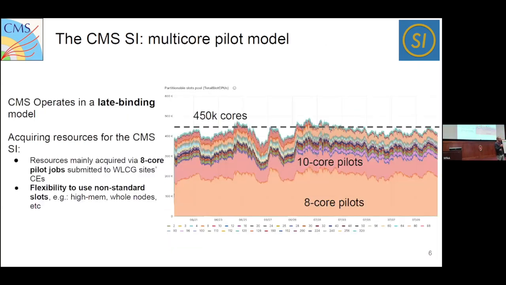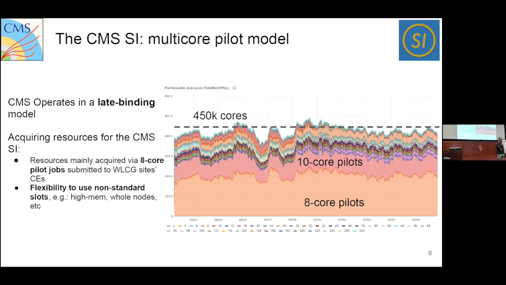This is a snapshot of the multi-core pools, both the global pool and the CERN pool, showing how big the pilots in our pool are. You see you have a baseline of 8-core pilots. You have 10-core pilots, which I will explain later.